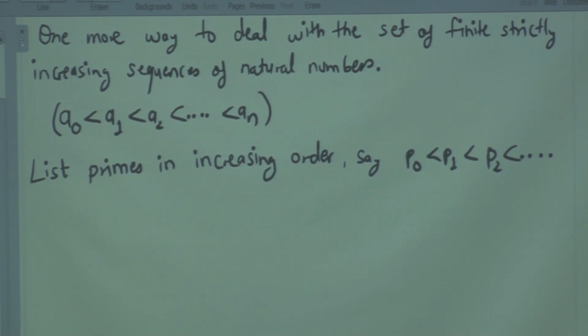So now, if a particular element is in the sequence, it's a finite sequence. If a particular element is in the sequence, then we include it in the product. So map this to P sub A0 to A0.